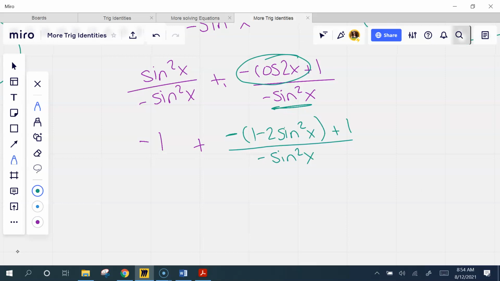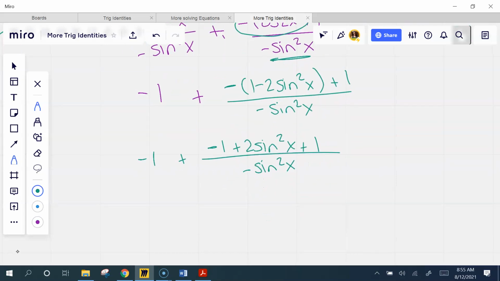All right. I'm going to distribute this negative sign through. Okay. So I have -1 plus -1. And if you didn't take all these steps, I want you to see this. Plus 1 over negative sine squared. Okay. What do you notice?